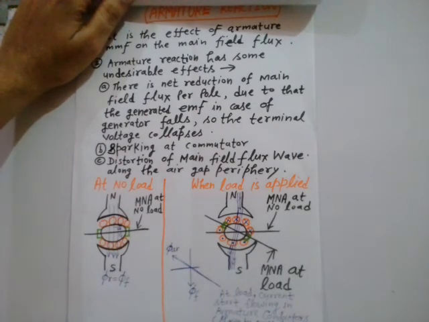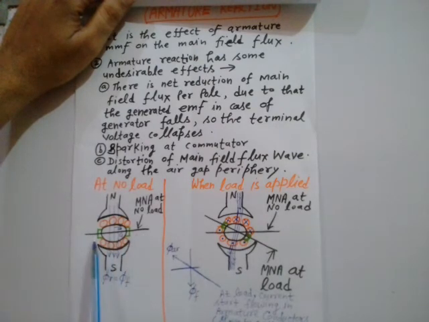I have already explained this in the process of commutation. If these brushes are allowed to remain at their original position, then the coils which were placed at this MNA at no load condition, when they cross this MNA at the no load axis, during the time of commutation, during the time of short circuit, they will give sparking.